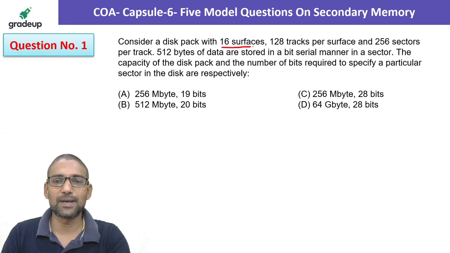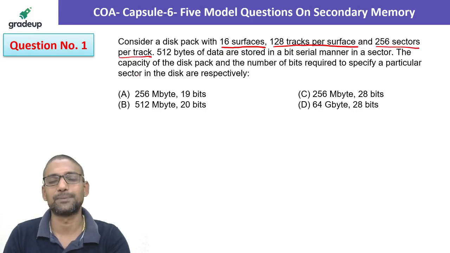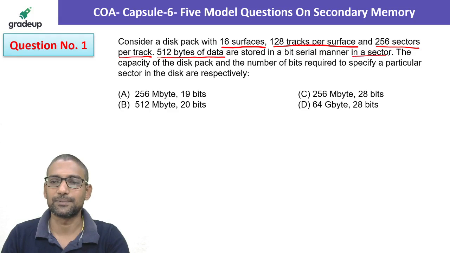Consider a disk pack with 16 surfaces, 128 tracks per surface, 256 sectors per track, and 512 bytes of data in a sector.